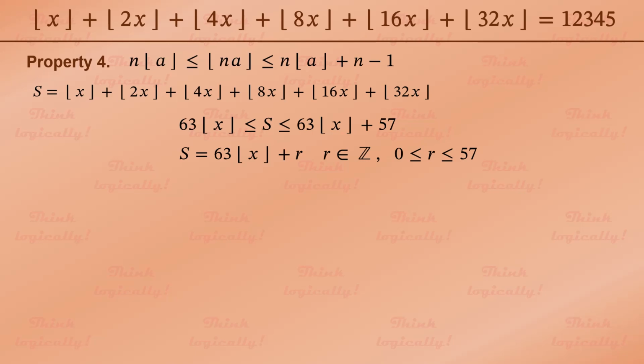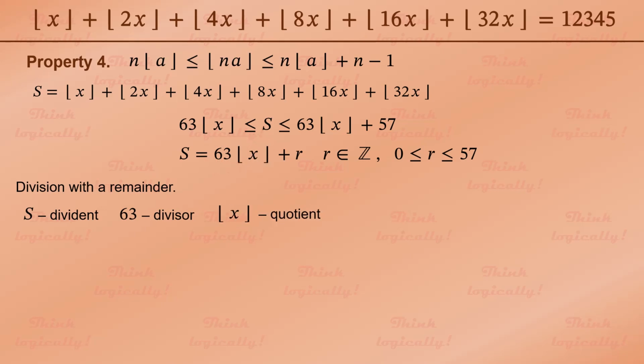Of course, this is division with a remainder. Here S is the dividend, 63 is the divisor, integral part of x is the quotient, and r is the remainder.